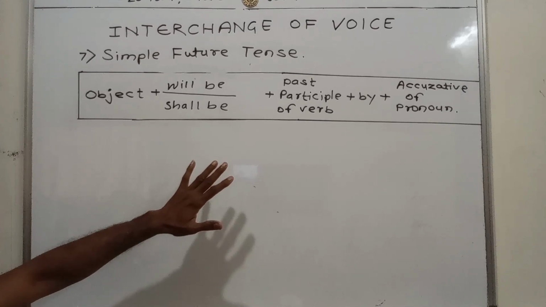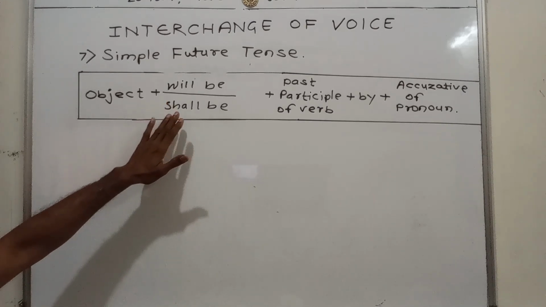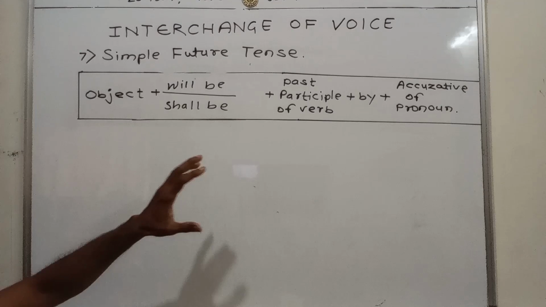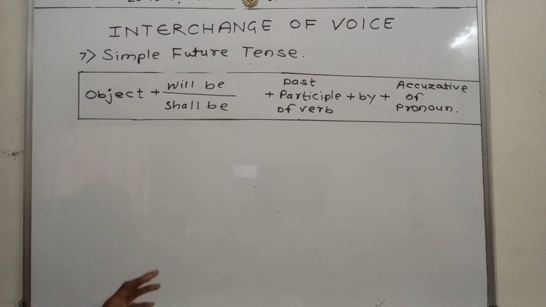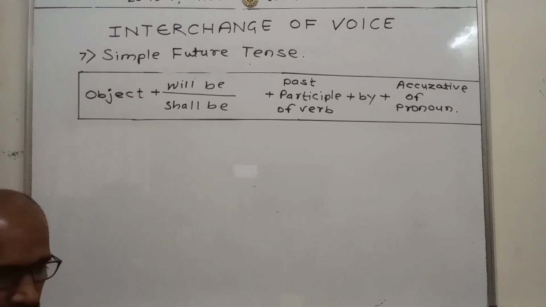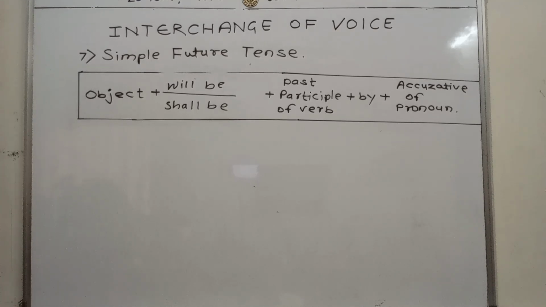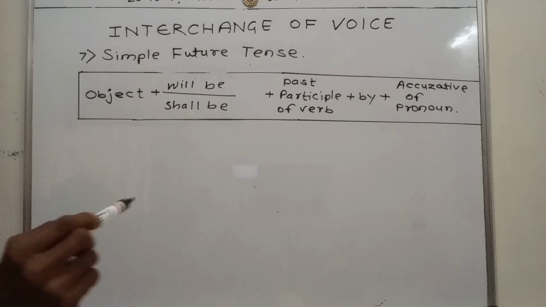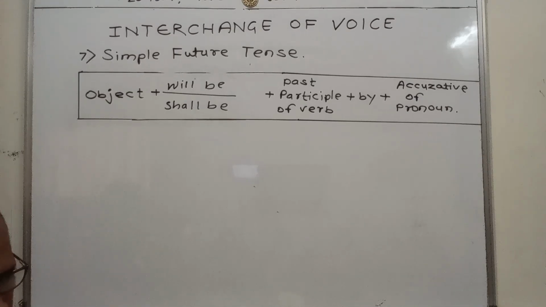Did you get it? When I and we are our subjects, then use shall, and will for all other subjects.